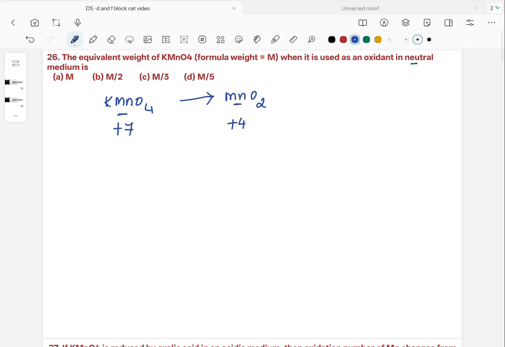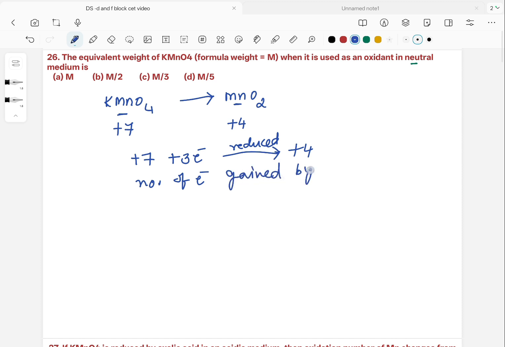Meaning the manganese ion which is in +7 will gain 3 electrons and get reduced to the +4 state. The number of electrons gained by KMnO4 is 3 electrons, which is the n factor.